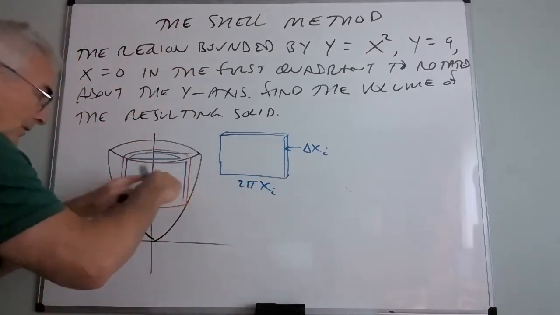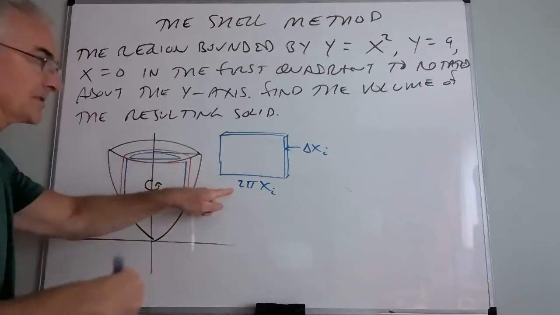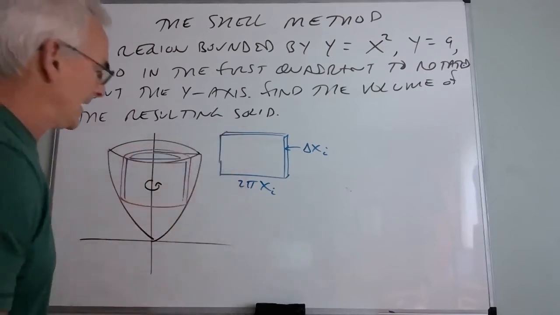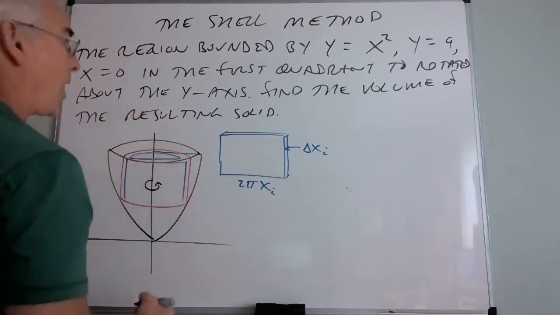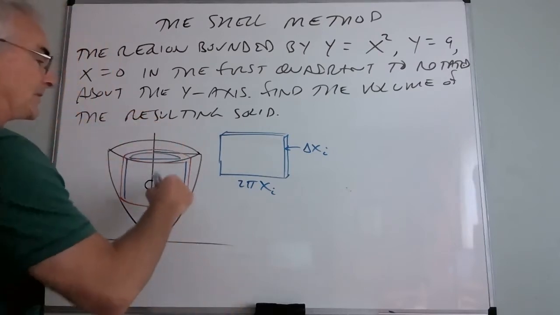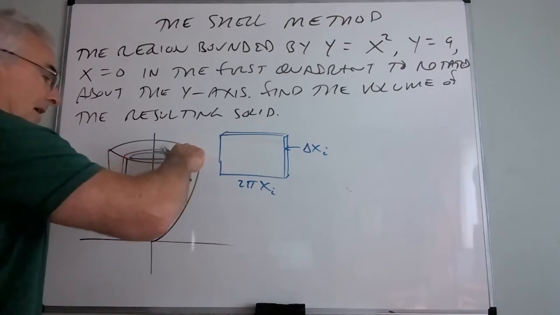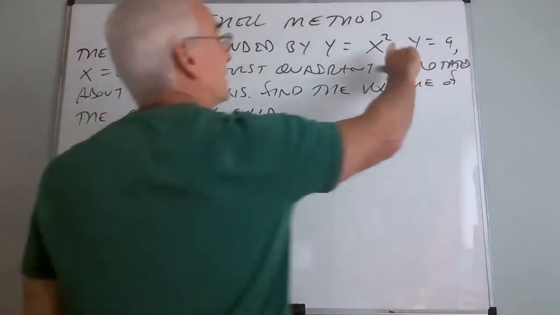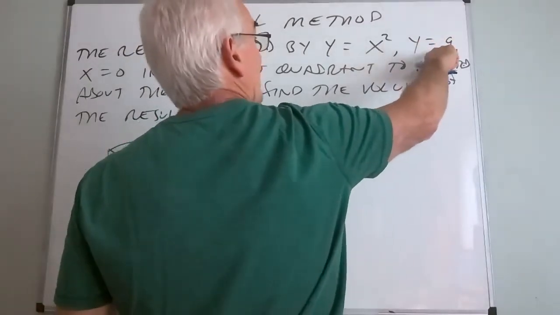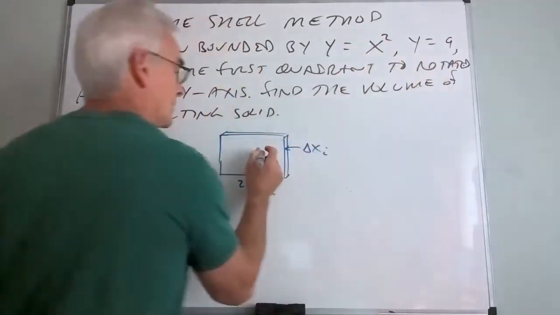We're not going all the way across; from here to here is the radius. This is the circumference. Now, what is my height? My height is not going all the way down. My height would be the difference between this y value and this y value, so the difference between y equals 9 and y equals x squared.